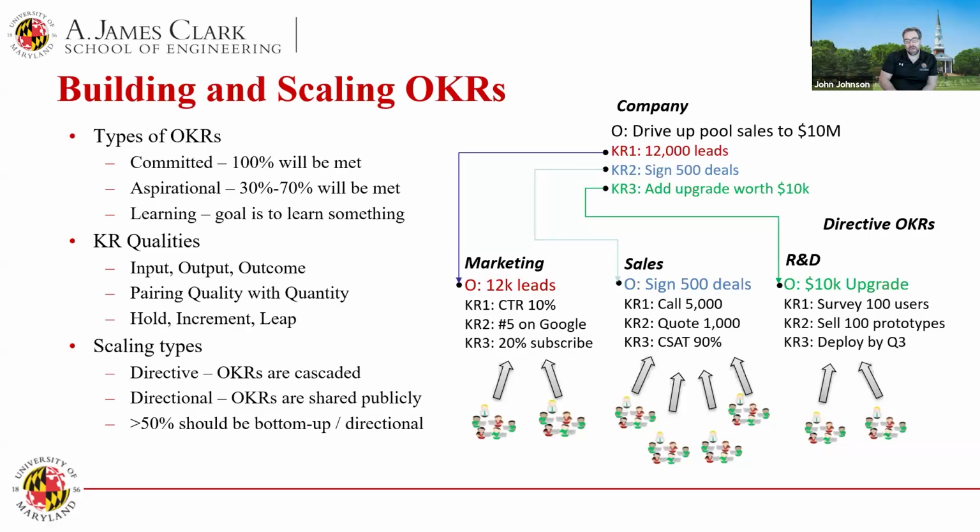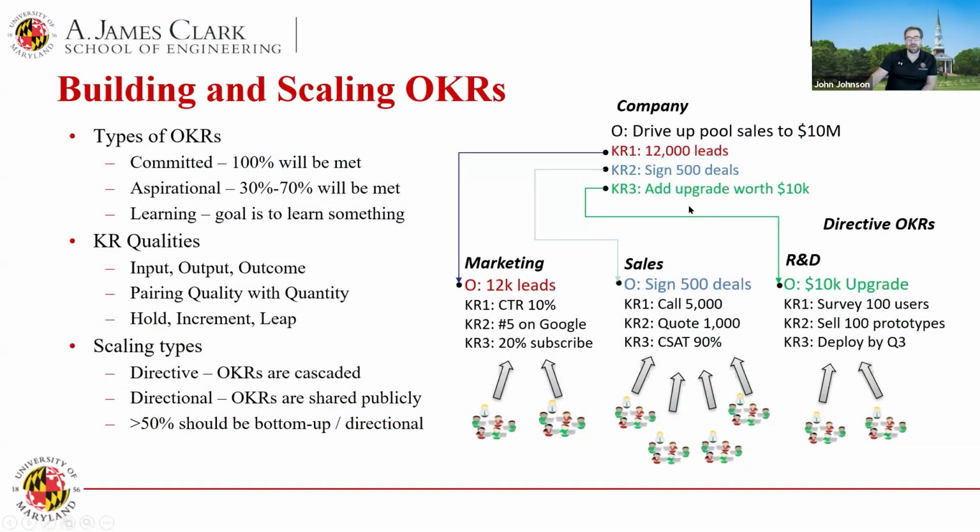The idea is that your objective is defining the qualitative outcome or the high level goal, and your key results are going to be how you'll measure that you've achieved that objective. And so it can be in the form of input, output, or outcome. We highly recommend outcome where possible.